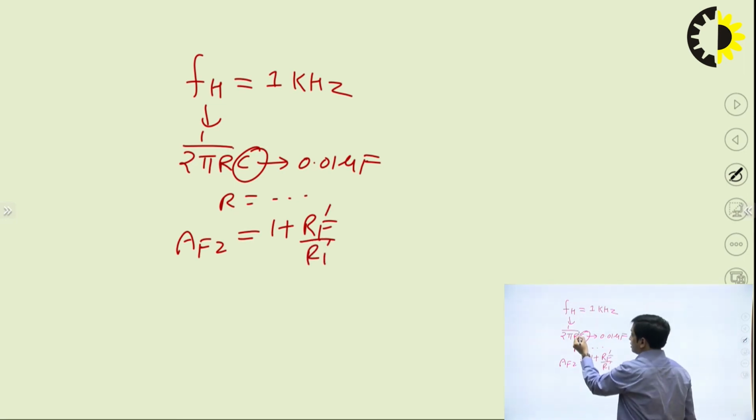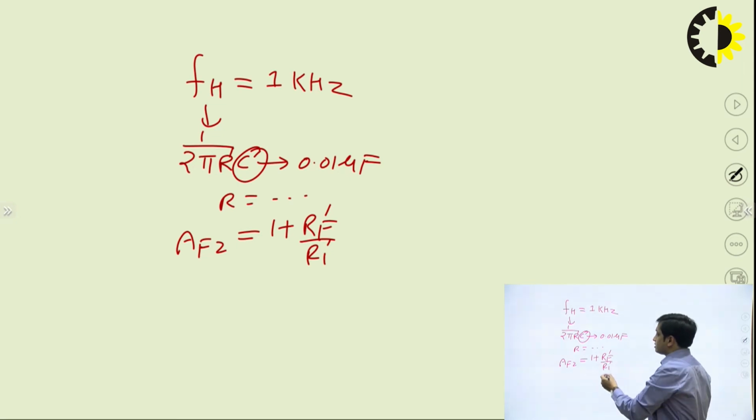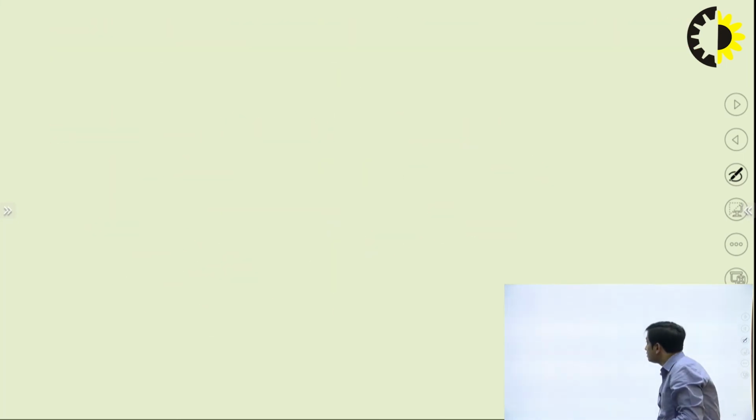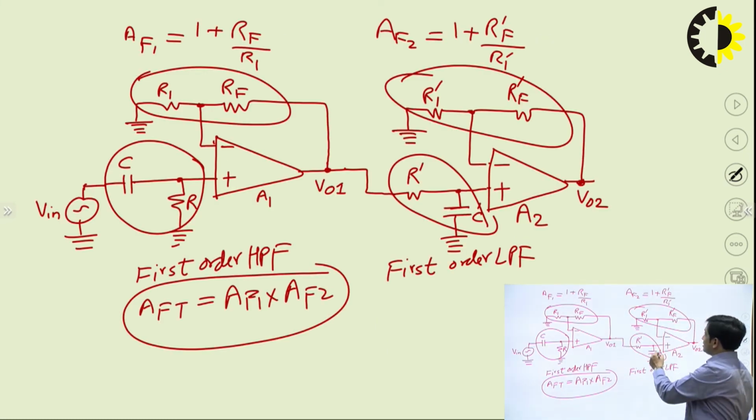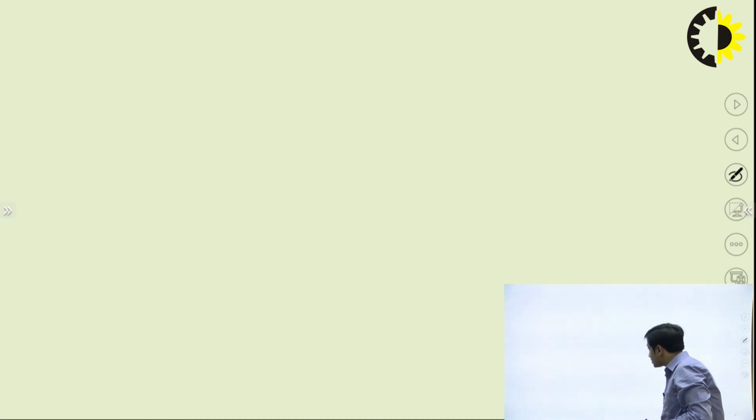One correction here, it is R dash C dash, because in the first order low pass filter we have taken the notation R dash, C dash, R1 dash and RF dash. Fine. Just refer to this circuit again.